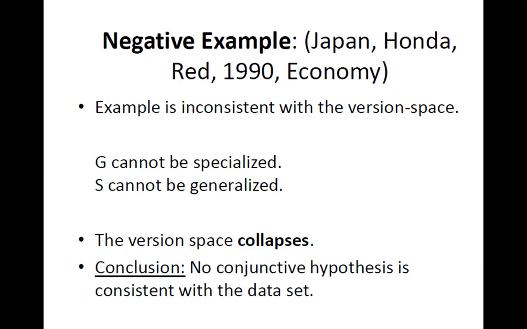So that is the major problem in this algorithm. Is it clear? Any algorithm, if the error is there in the data, these algorithms will fail. Okay. So this is about the candidate elimination algorithm.